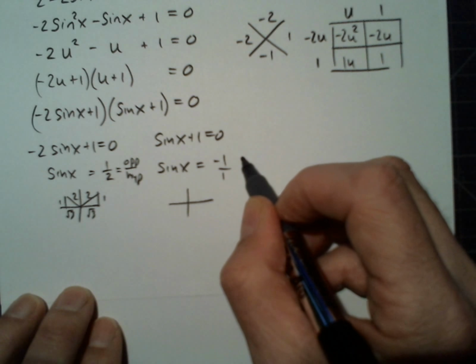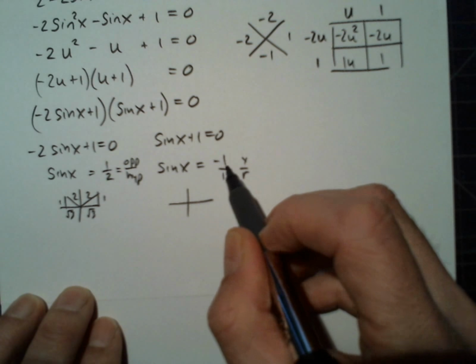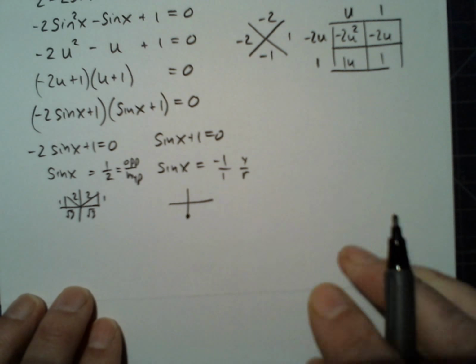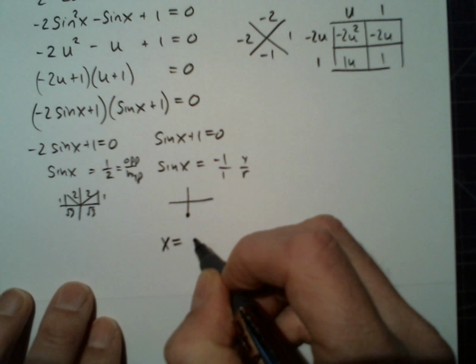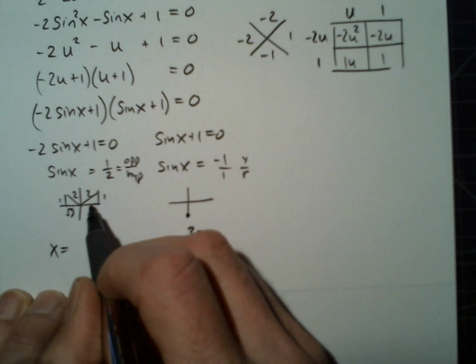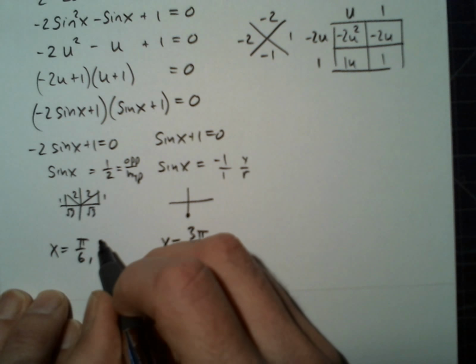Let's call it, instead of opposite, we'll do y over r. So the y value is negative and the radius is 1, and that puts it down there. It doesn't form a triangle, that's on the axis. So here we have 3 pi over 2, and over here we have pi over 6 and 5 pi over 6.